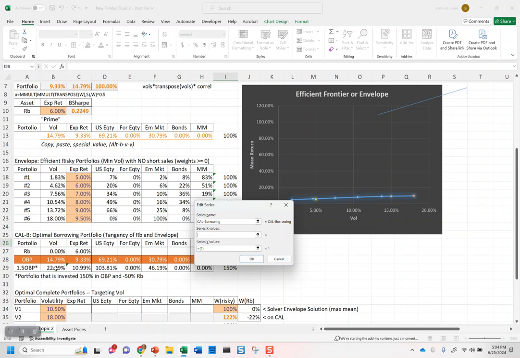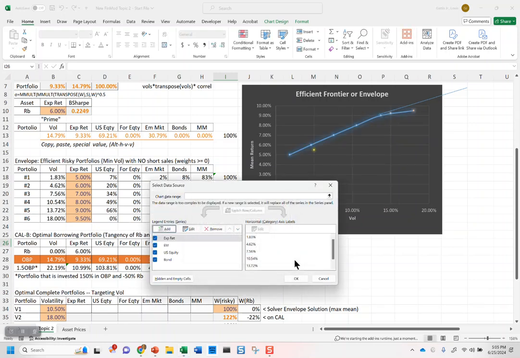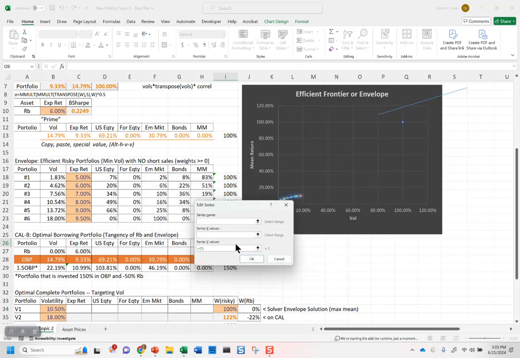Being a little temperamental here. Let me try this one more time. It's going to be B28 to B30. I'm sorry, B28 to B29. Let me add that one more time. Again, it's just being a little temperamental.